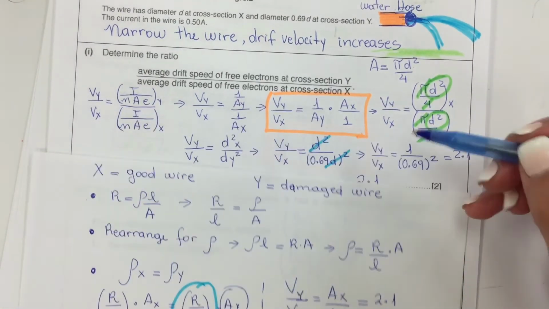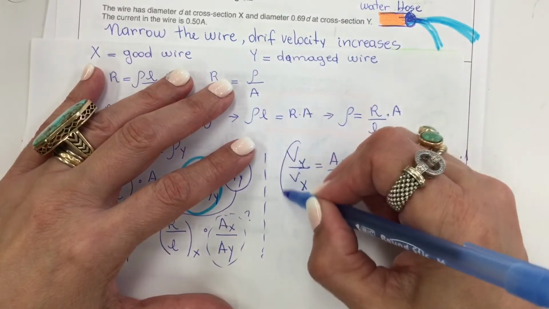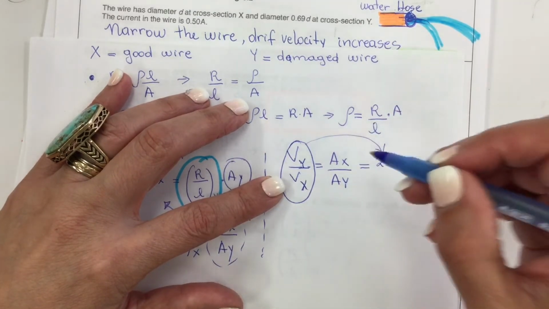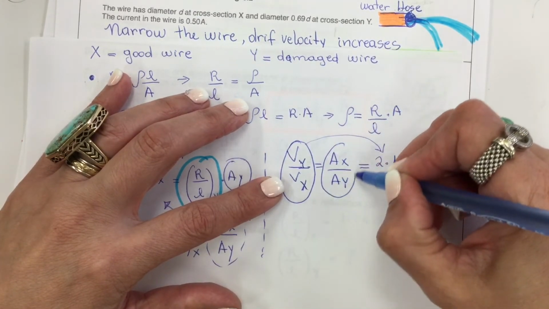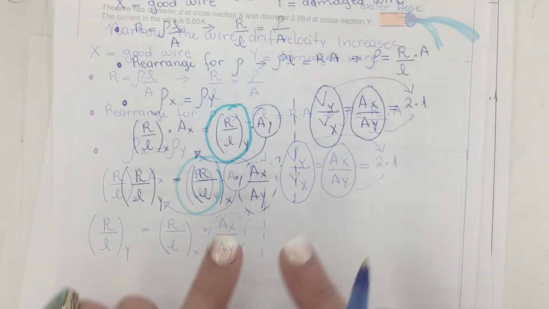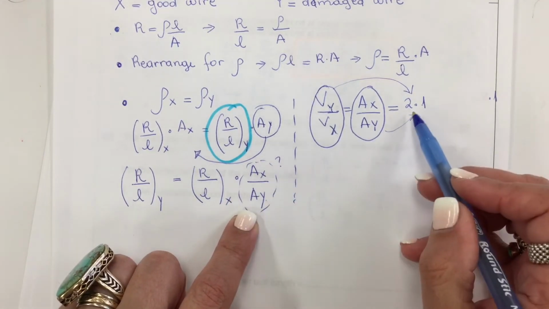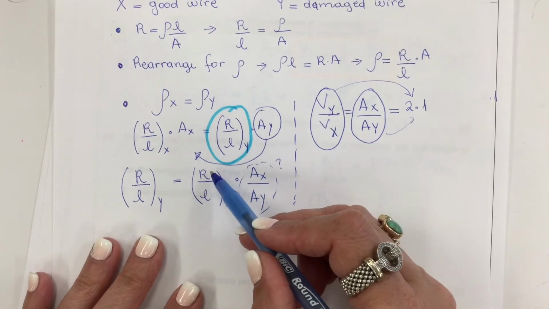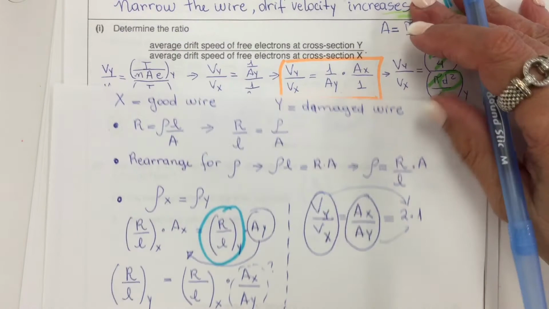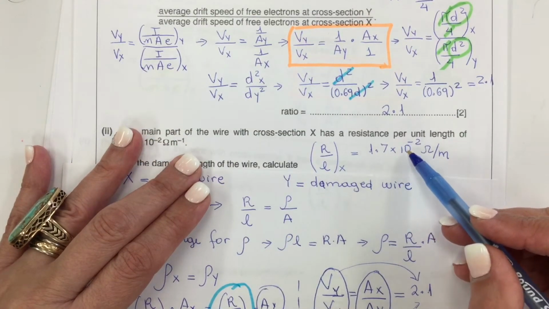Which means that Vy over Vx is equal to 2.1 and Ax over Ay is also equal to 2.1. Great, now I can keep going. So my Ax over Ay is 2.1. My R over L for the section X was given, which is 1.7 times 10 to the negative 2.